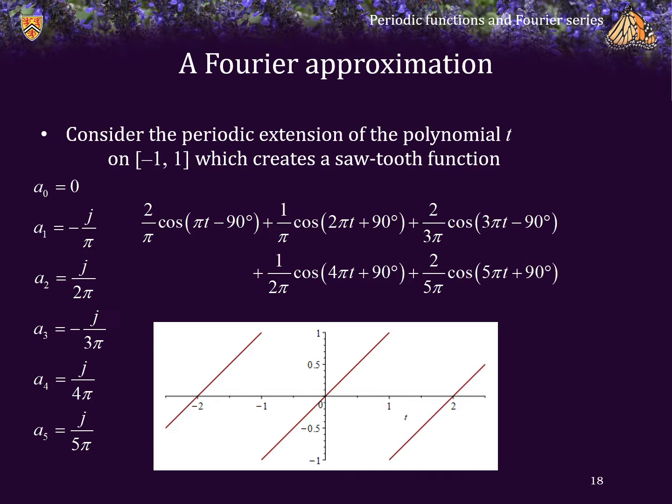So the first term is just 2 over pi cosine of pi times t minus 90 degrees, and so on and so forth for the subsequent terms. a0 is, of course, 0, so there is no constant term. We can plot this approximation, and we can see it's not amazing, but it's actually not bad. It's about as close as we can get with these 5 cosine functions.